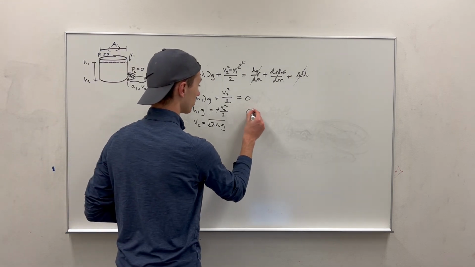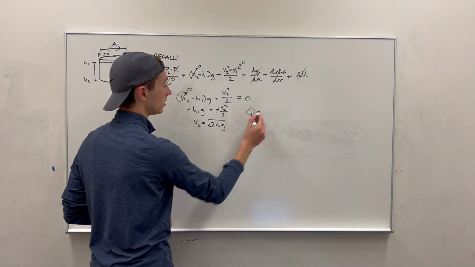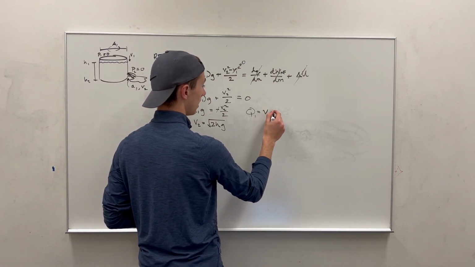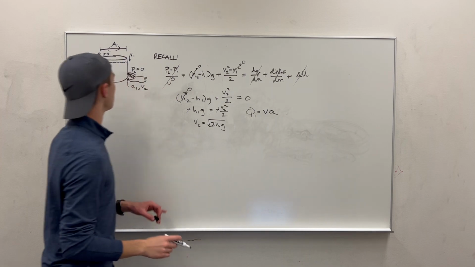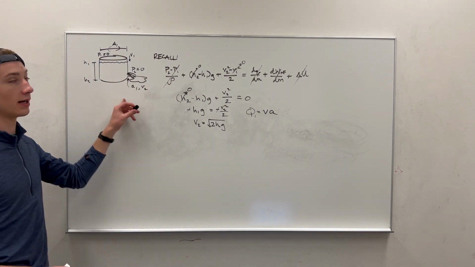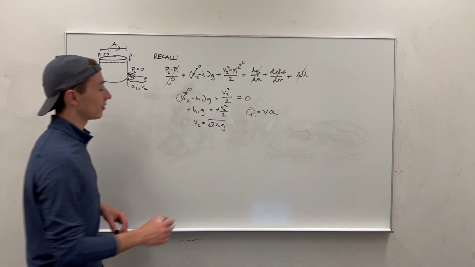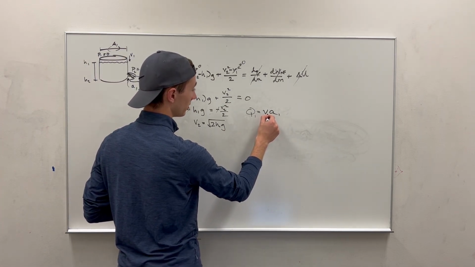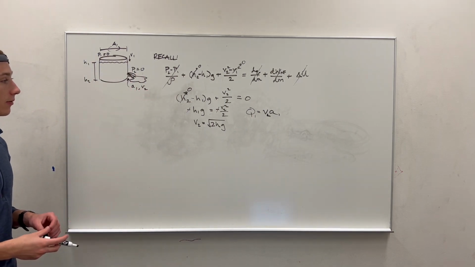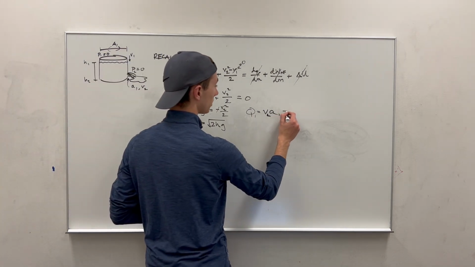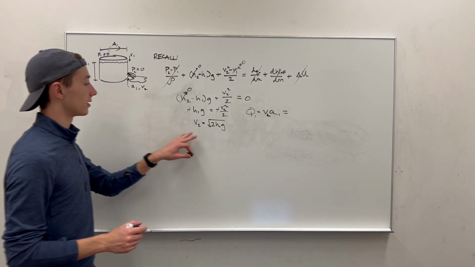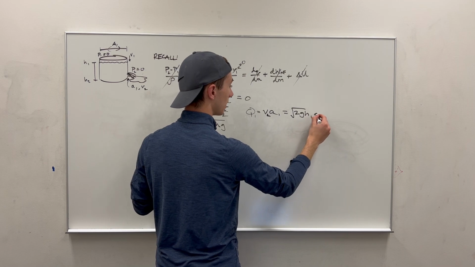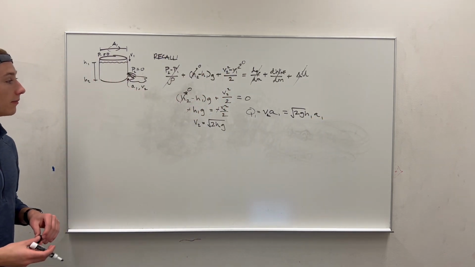So flow Q, we'll call it Q1, is equal to V times A. We use the little a to denote the cross-sectional area of the water coming out. So we have V2 there and little a1. That would mean our Q for this tank is the square root of 2GH1 times a1. I'm happy with that.